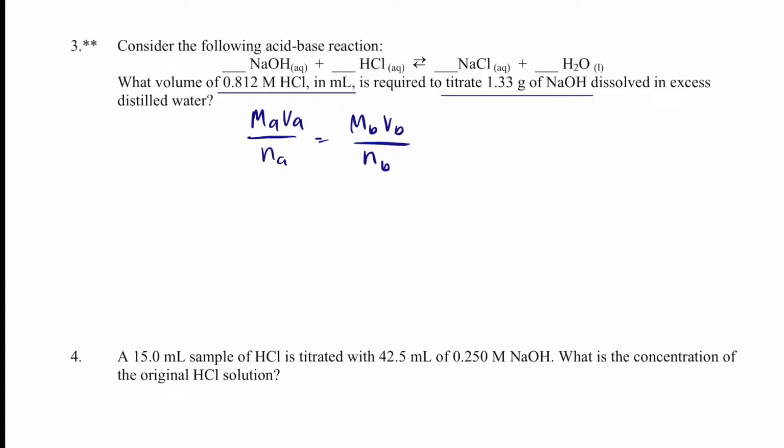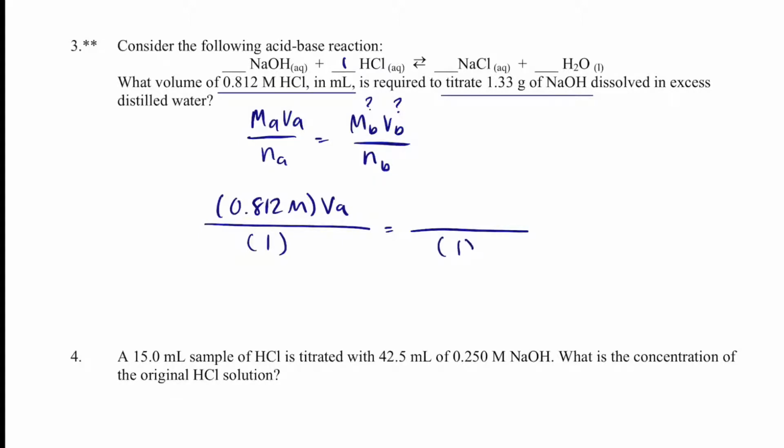The molarity of my acid is 0.812 molar. The volume of my acid, that is what we're trying to solve for. The coefficient of my acid is 1. The molarity of my base is unknown. The volume of my base is unknown. And the coefficient of my base is known, that's 1.